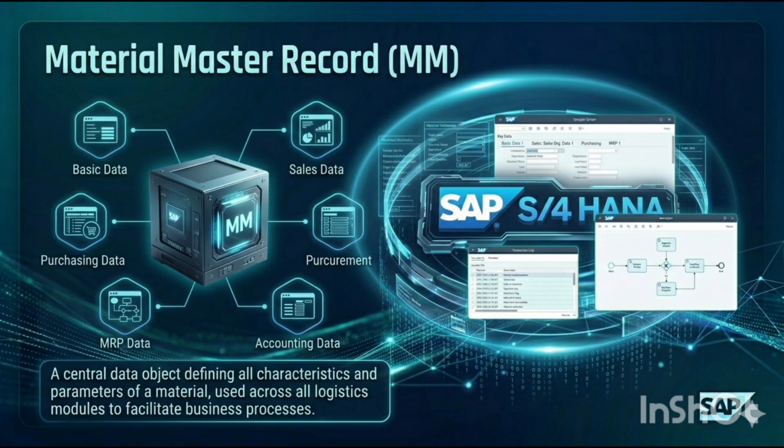The Material Master record is not just one screen. It is divided into multiple views. Each view serves a specific department. For example, Basic Data view contains general information used by everyone. Purchasing view is used by the procurement team. MRP views are extremely important for production and planning teams.